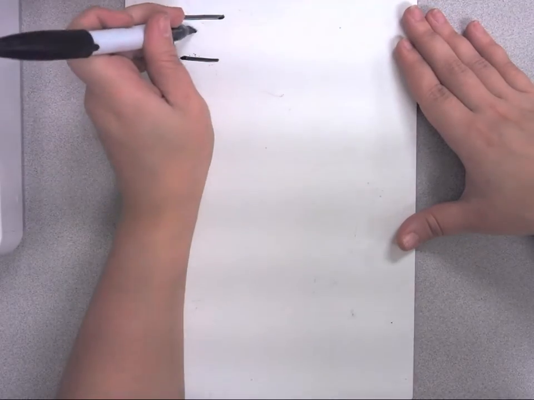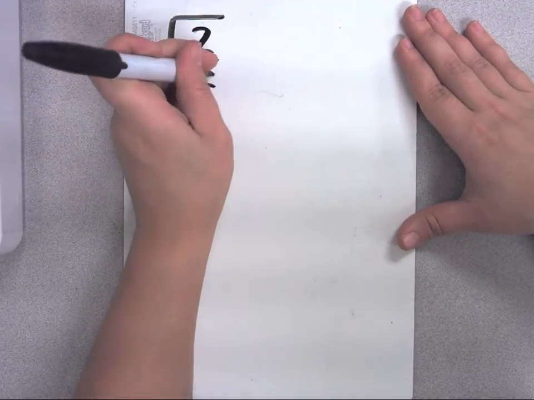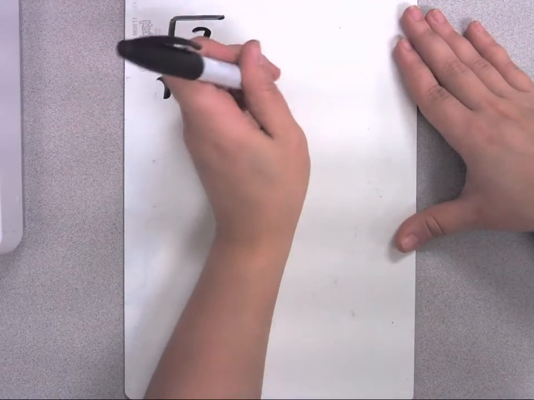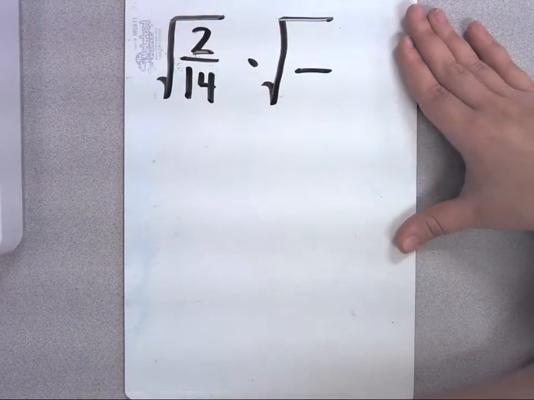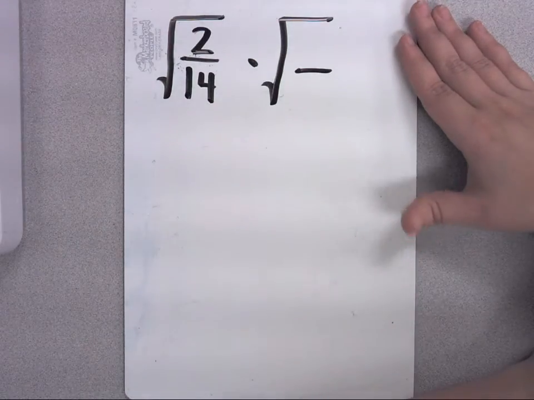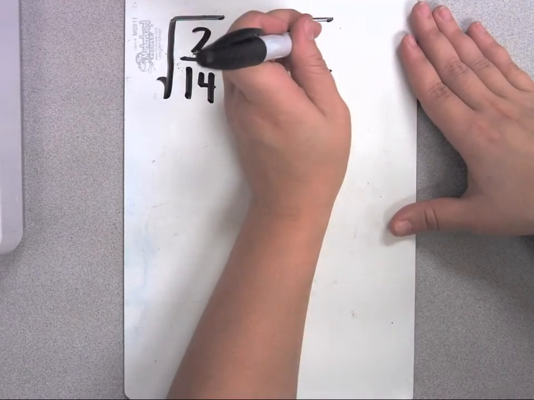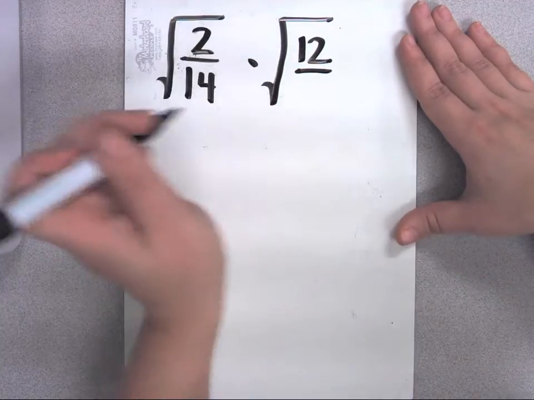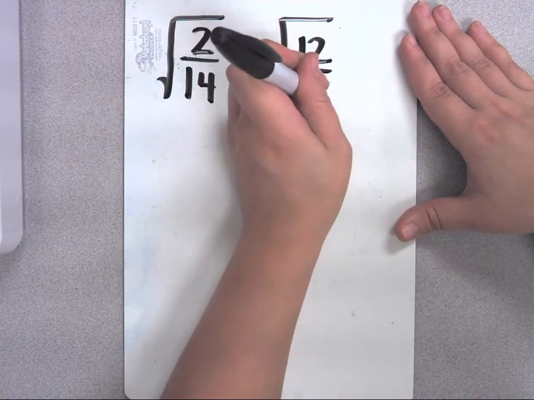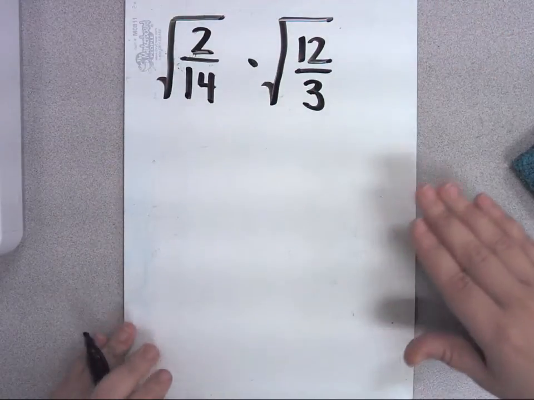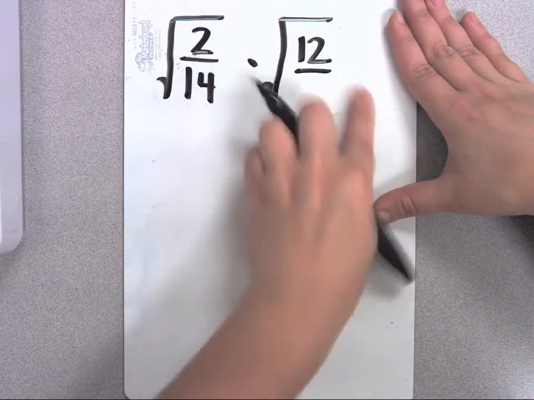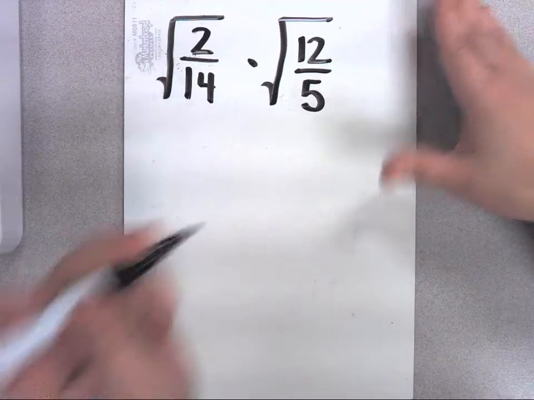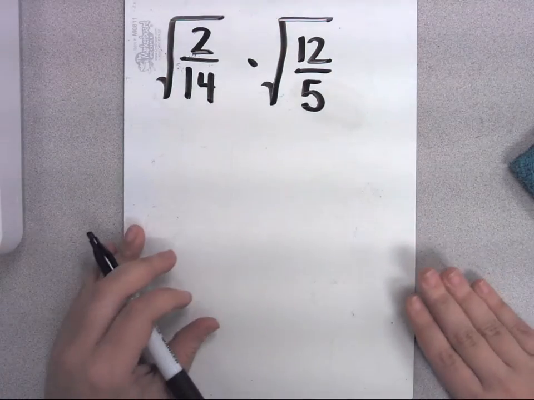Let's do 2 over 14, times the square root of the fraction 12 over, I don't know, 3. No, because that makes a whole number. 5. I had to pick a number that didn't divide 12.